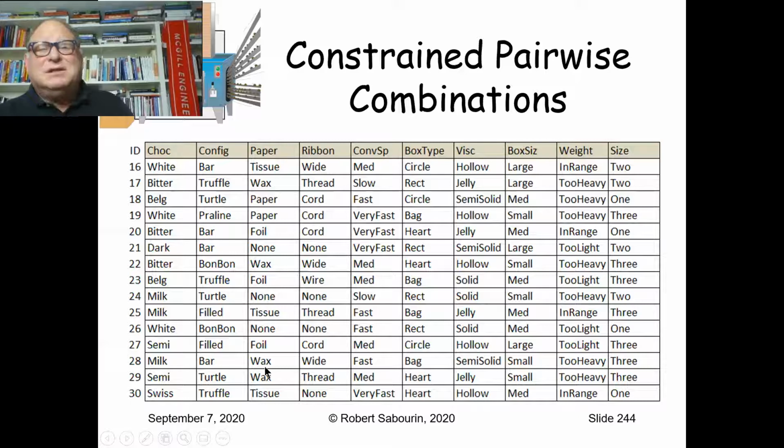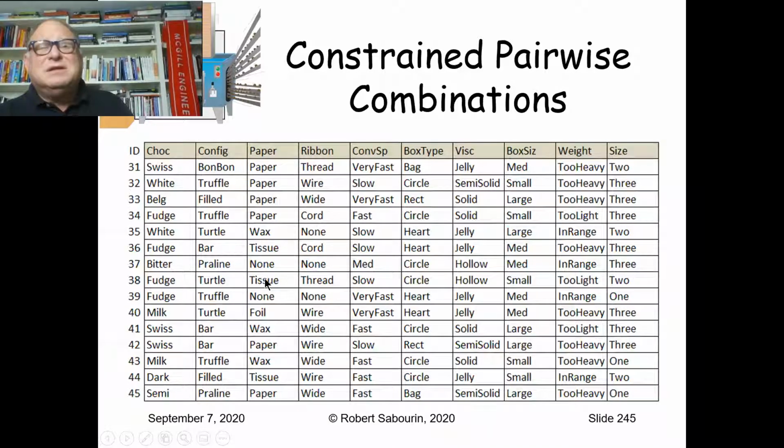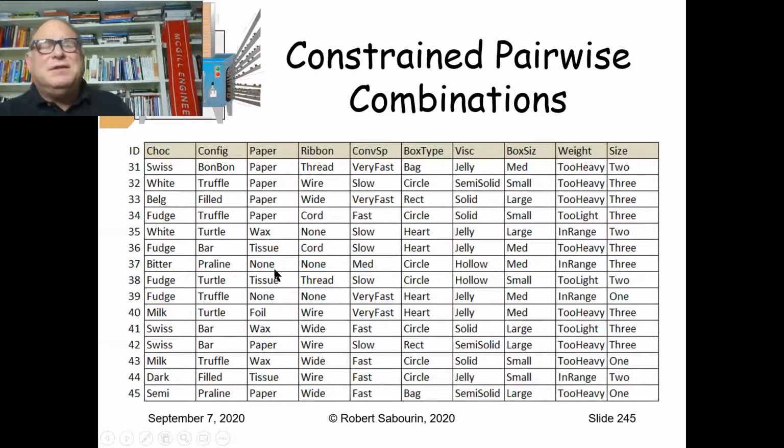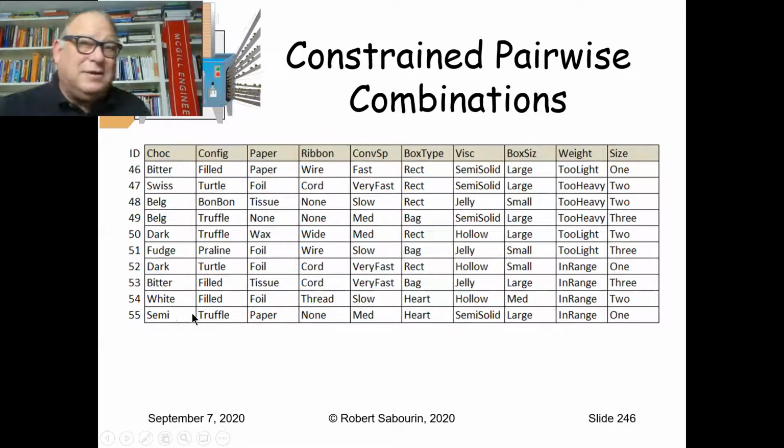If there's no paper, there can't be a ribbon. So you'll see that this is a list now. It's 55 test cases, but it's a reasonably small number of test cases. You're comparing to 1 million possibilities here, and it does not violate the constraints. So all of these do not violate the constraints. These are all tests that should succeed.